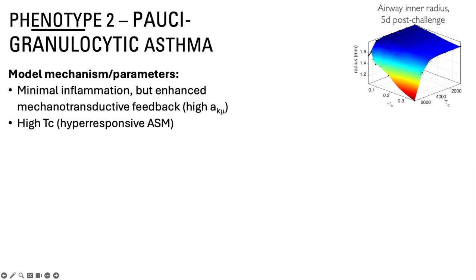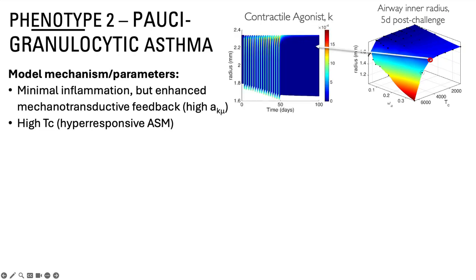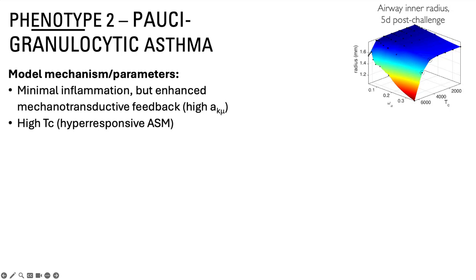Similarly, there's another type of phenotype called granulocytic asthma, which I don't know if I'm pronouncing correctly, but essentially what we're doing in this particular case is we're keeping the inflammation minimal, but we're enhancing the mechanotransductive feedback between smooth muscle stress and activation of agonists, and also making the smooth muscle more hyper-responsive.